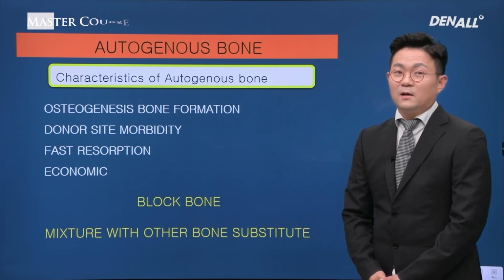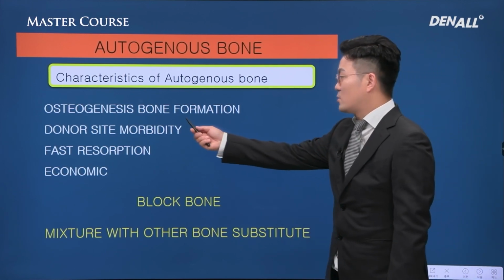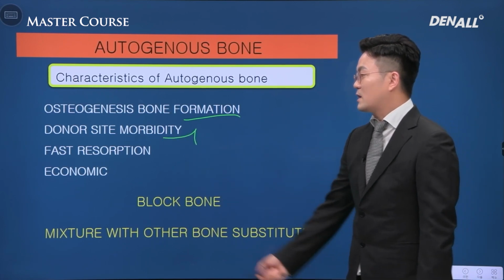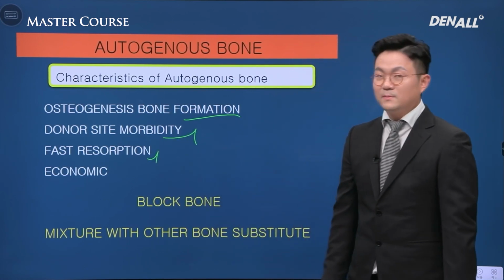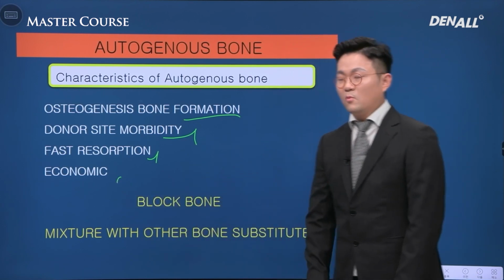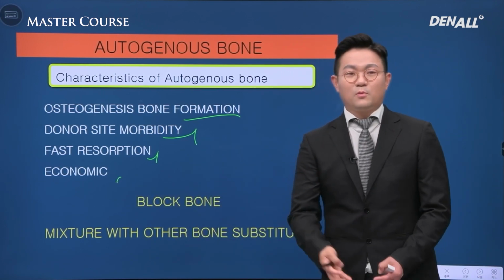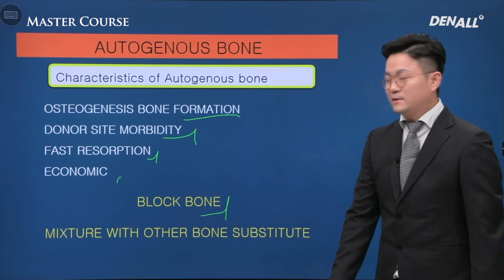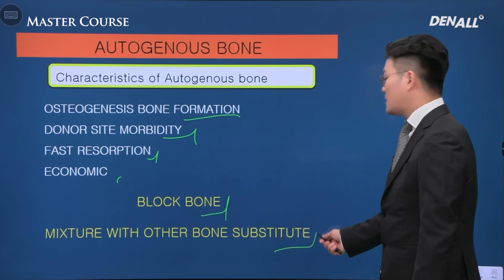As you know, it has good characteristics: osteogenesis and bone formation. Donor site morbidity is the downside, along with fast resorption, but it is economic. Particulate bone is not used, but block autogenous bone is still used, and it is mixed with other bone graft materials.